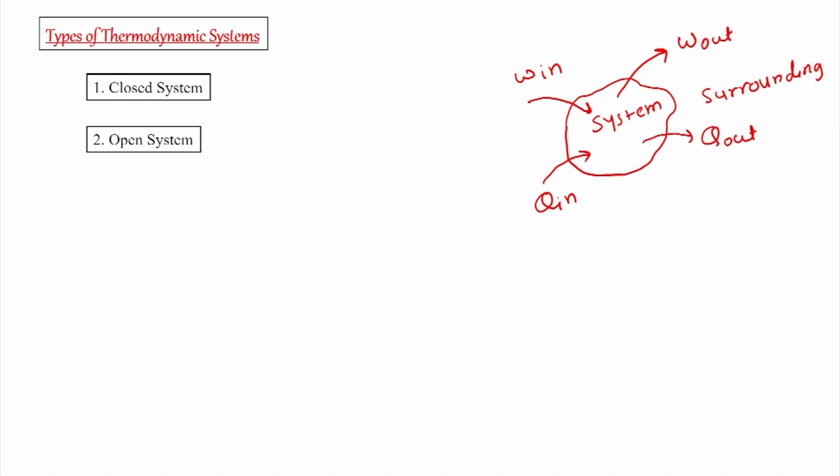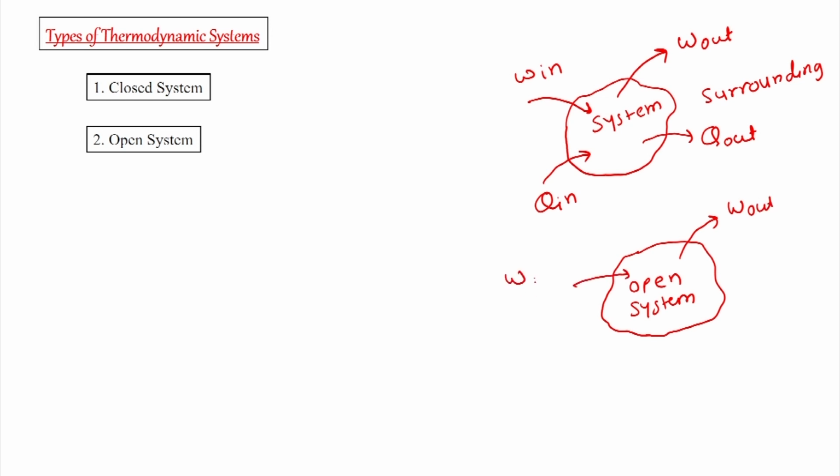Then we will have the open system. In the case of an open system, we will have certain work which is delivered by the system. There might be certain work input to the system, there might also be heat input to the system, and there might be heat output from the system, or the system might reject a certain amount of heat.